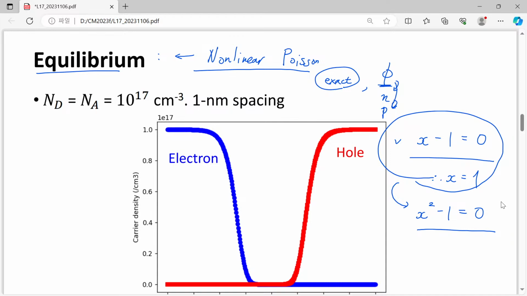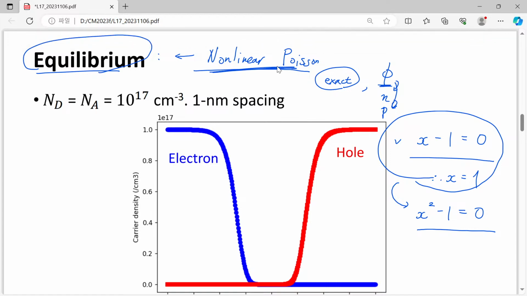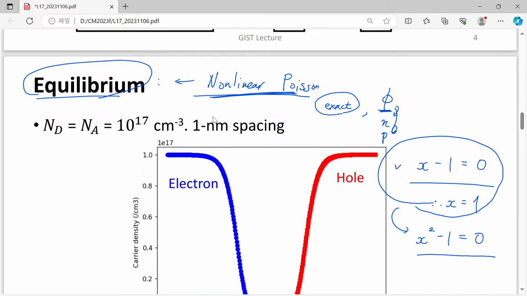That is the situation. At equilibrium, you have already the solution. However, what I wanted to ask you is just to reproduce the same solution, not from the Poisson equation, but from this drift diffusion equation containing the Poisson equation, electron continuity equation, and hole continuity equation.